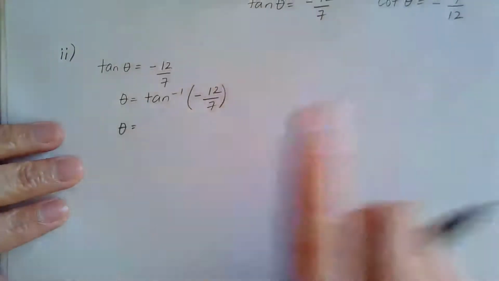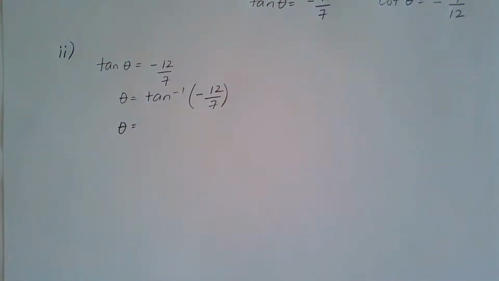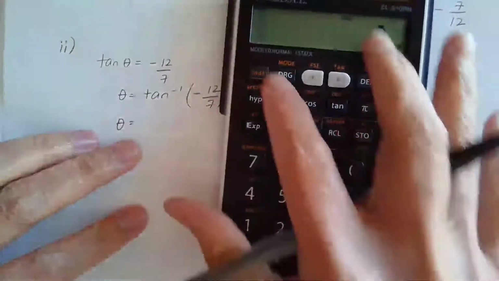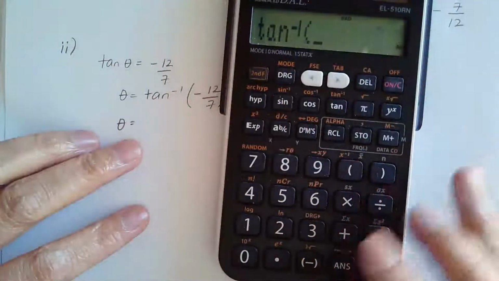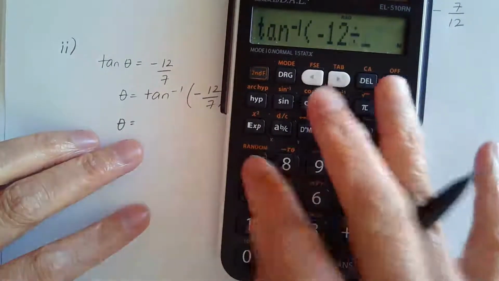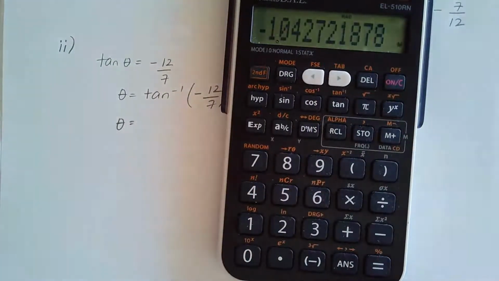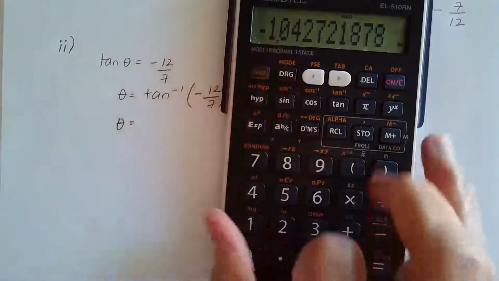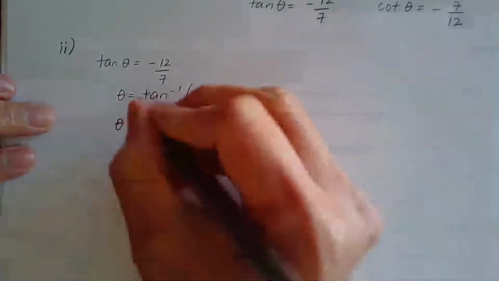So tan inverse of negative 12 over 7. Let's figure that out on our calculator. Okay, so I got negative 1.04.